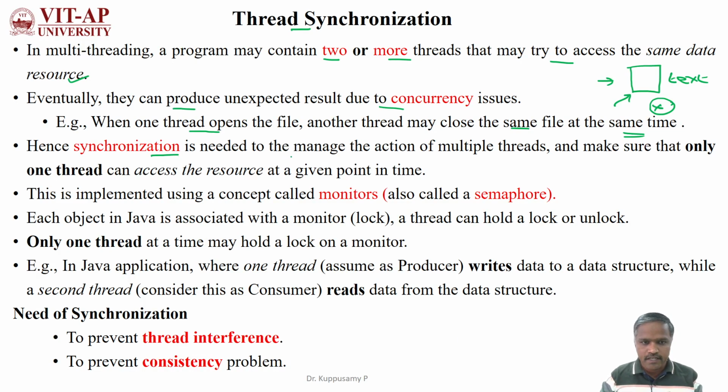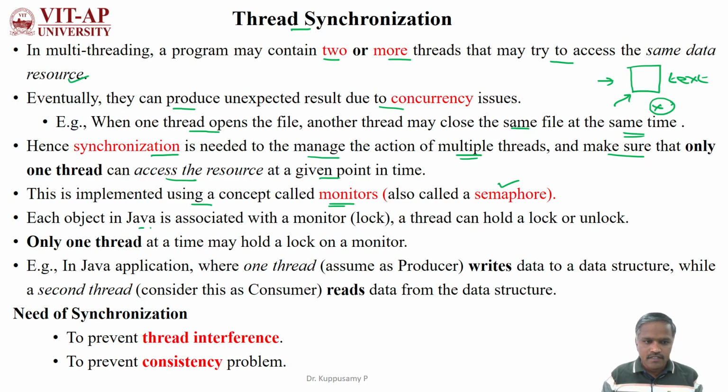Synchronization is managing the action of multiple threads accessing the same data resource. It will ensure that only one thread can access the resource at a given point of time. This can be implemented using a concept called monitors, which has another term, semaphores.